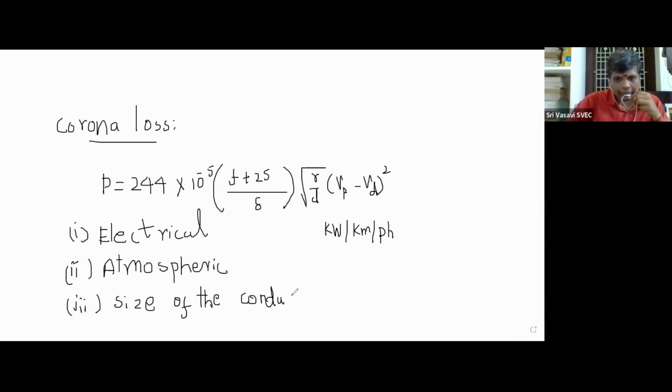So corona loss depends upon all three factors.